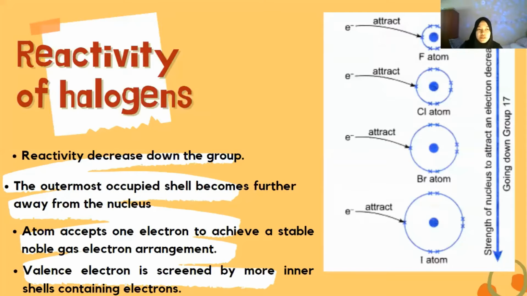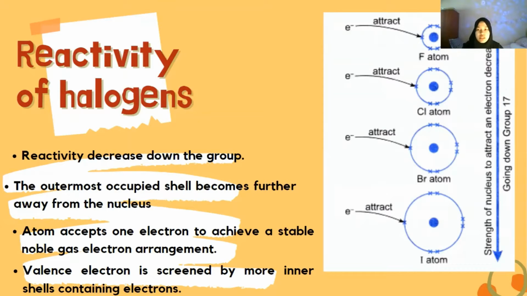For the first one, the reactivity of halogens. Reactivity means the tendency of atoms to accept or donate electrons to achieve the noble gas configuration state. In this case, halogens will accept one more electron to achieve the noble gas configuration, as they already contain 7 valence electrons. The reactivity of the halogens will decrease down the group.